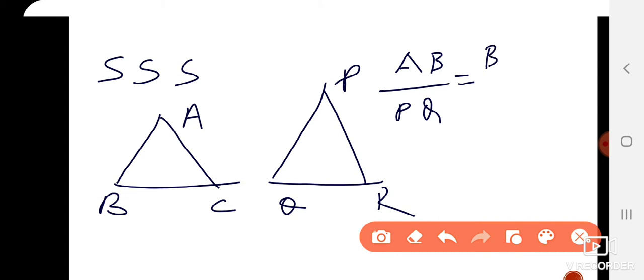Then I can say BC upon QR is the next pair of corresponding sides, and if that is equal to AC upon PR, and if all these corresponding pairs are in proportion, if they are equal, then we can say that the triangles are similar by SSS test of similarity.